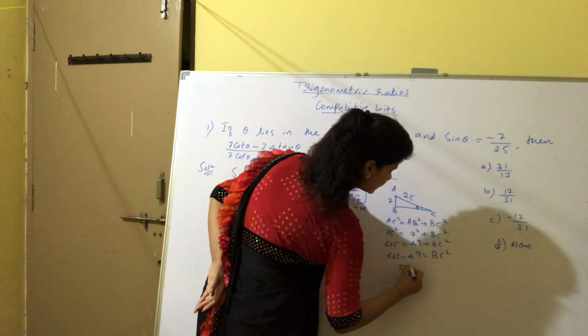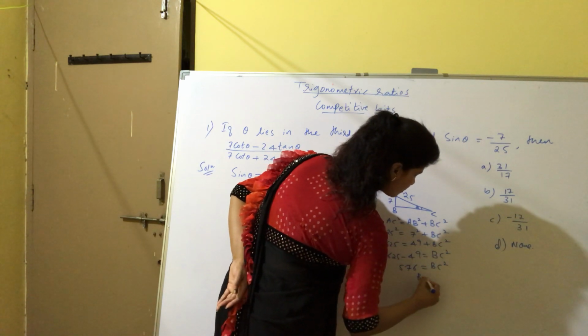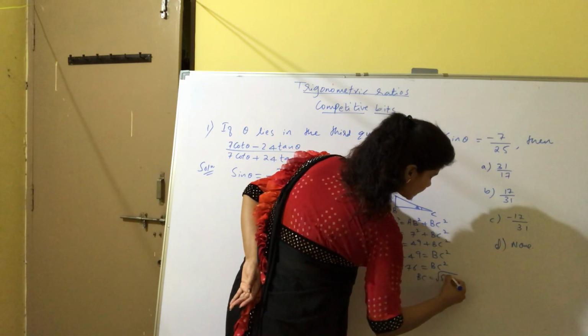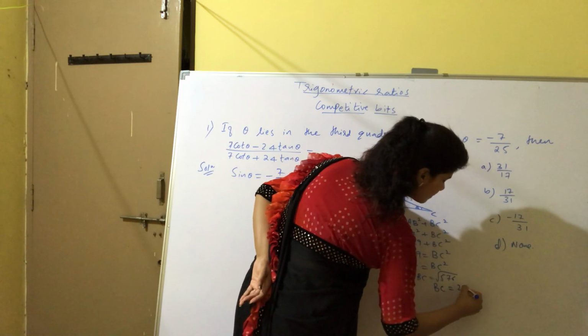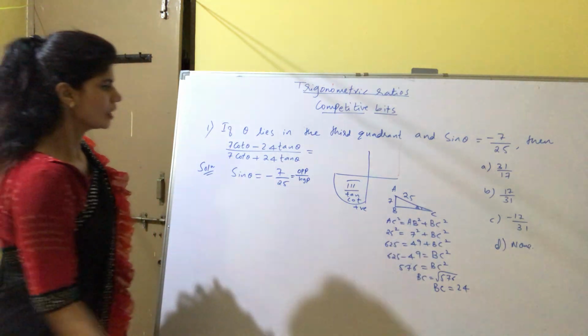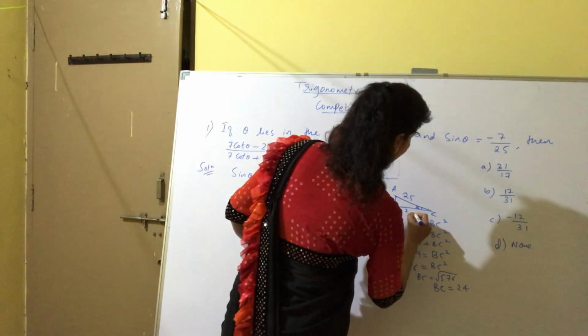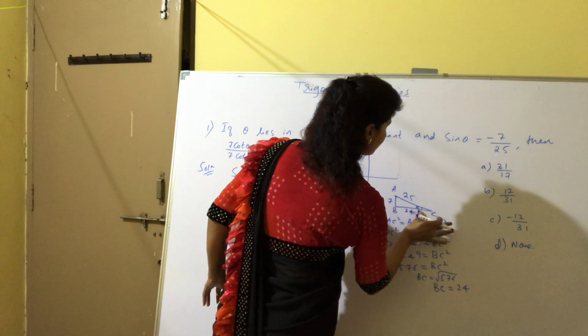So 576 is BC square. Therefore BC is under root 576, which is 24 units. BC is 24 units. So therefore now define what is tan and cot from this.